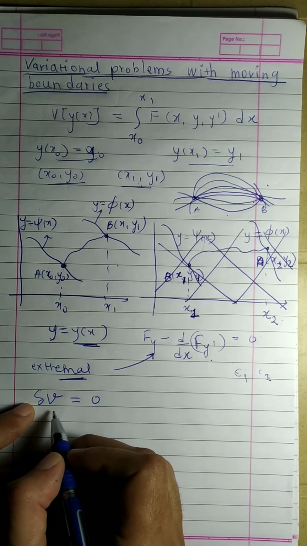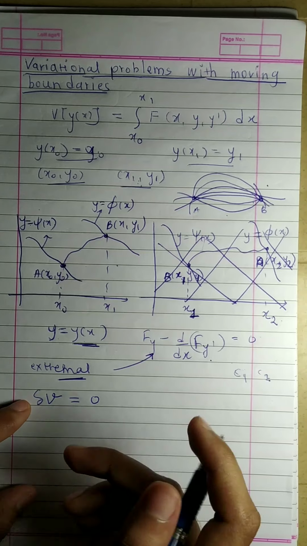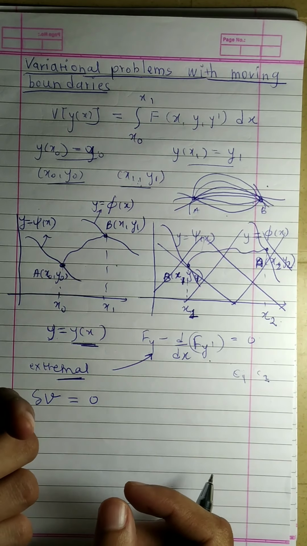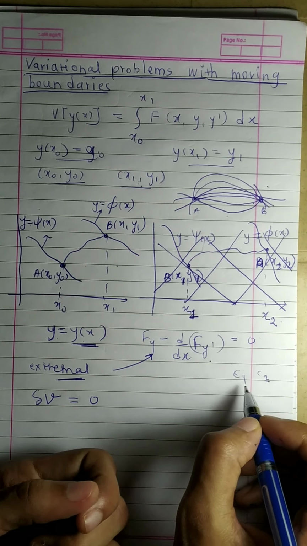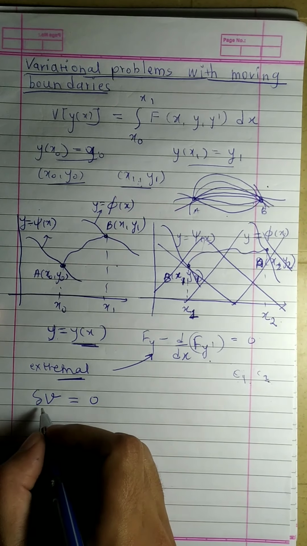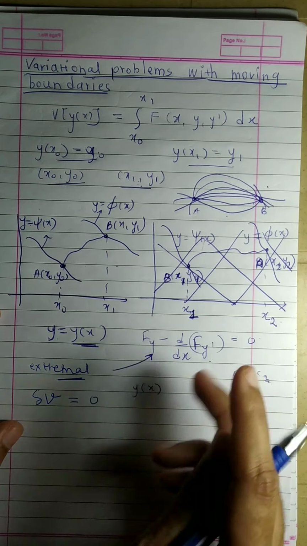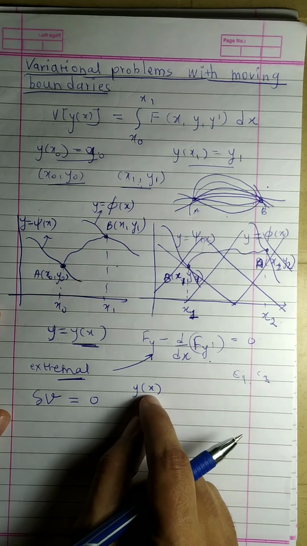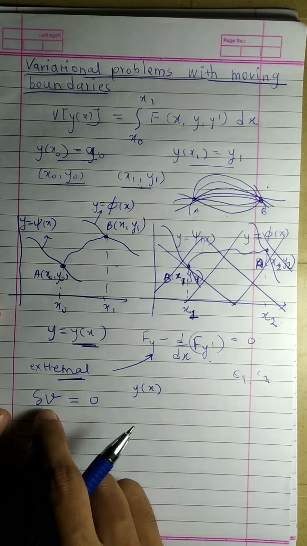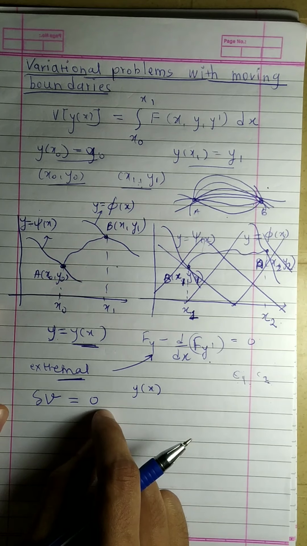So we will have to take help of this condition in order to get the conditions which will help us to determine these two constants, because if on the curve y equal to y of x extremal is attained, then we have already seen that on that curve the variation of the functional is equal to 0.